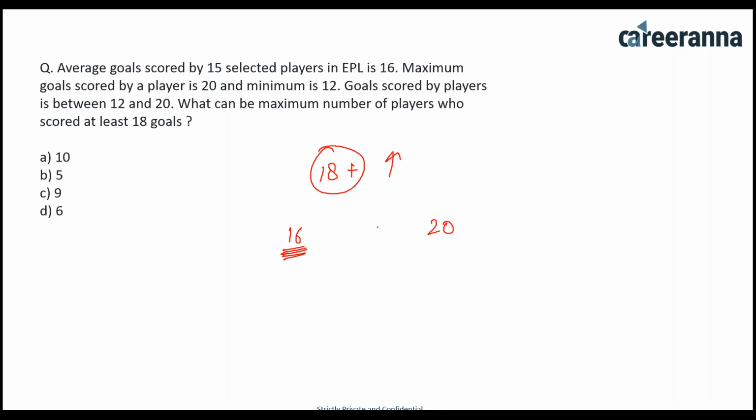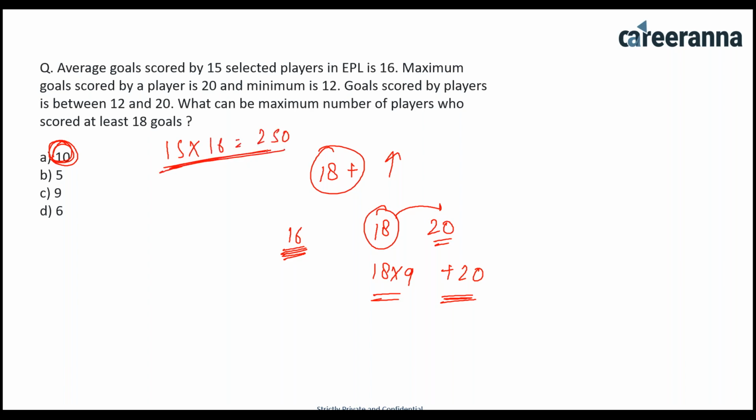Now, if I take 10 to be the answer, let us do it by options. So 18 plus, there will be 10 people. That means 18 multiplied by 9 plus 20. Total goals we have 15 multiplied by 16, which is 250. Is it clear to everyone?